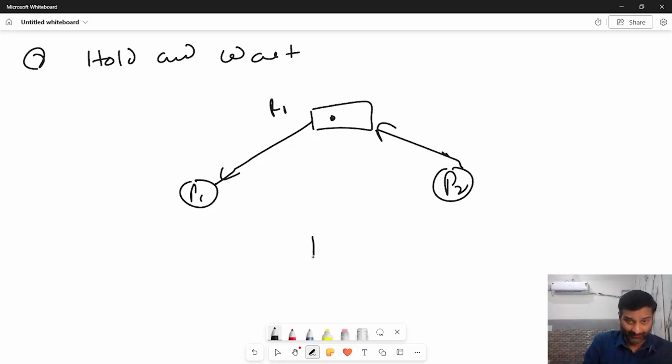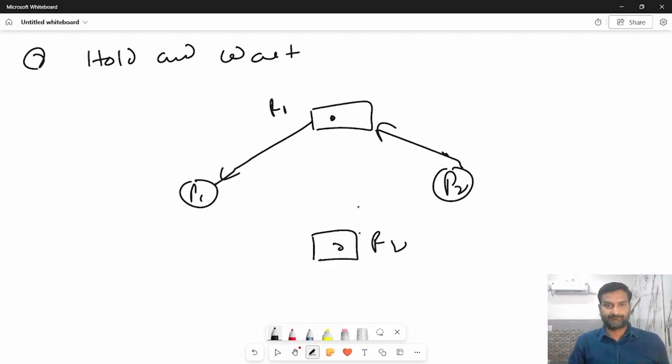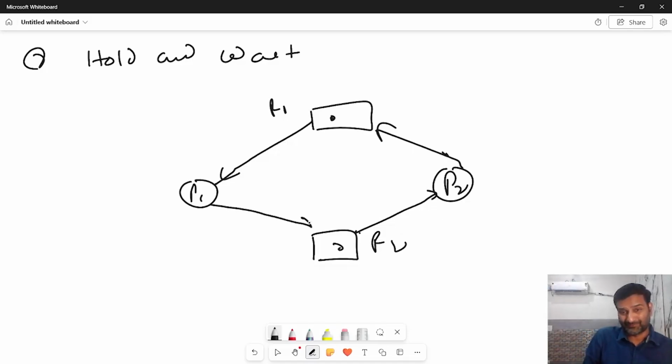Now there is another resource R2. So R1 has been provided to P1, and R2 has been provided to P2. Now P1 is requesting for R2 and P2 is requesting for R1.